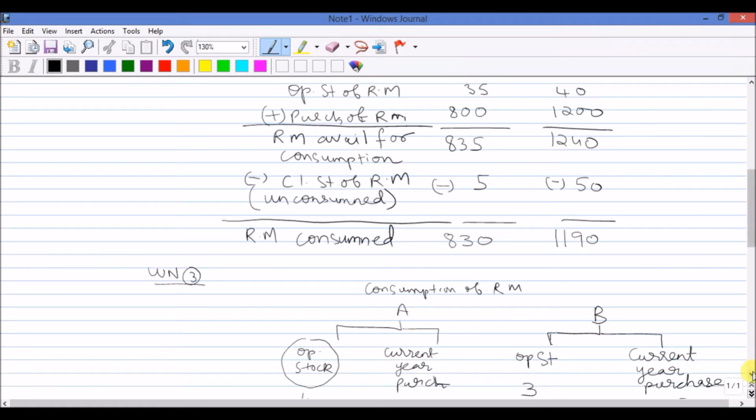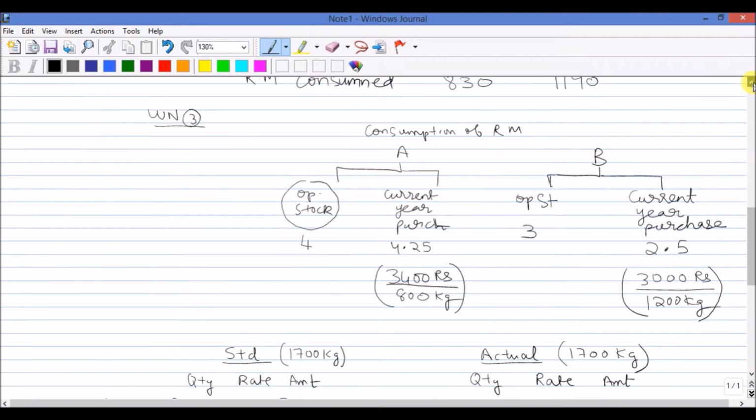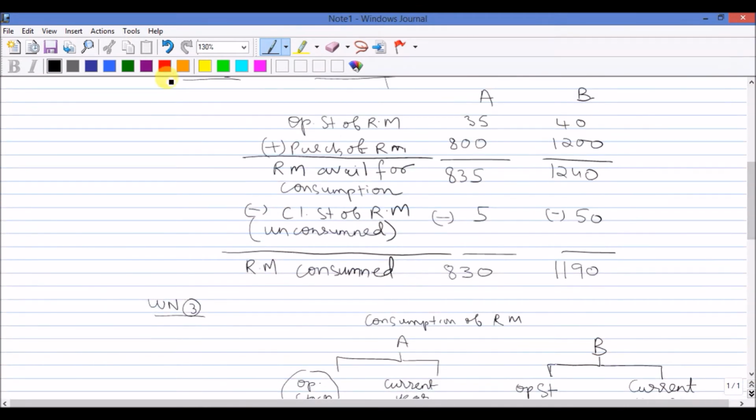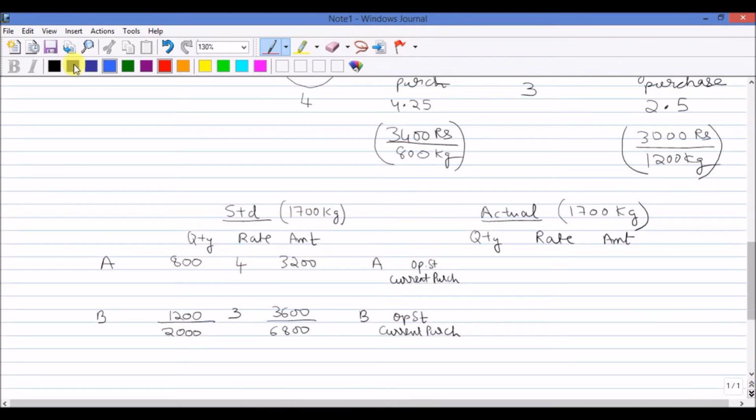Okay, opening stock we need to get. How much is the opening stock? Opening stock quantity I need. So we have the opening stock quantity 35 and 40. So I'm going to write 35 and 40, and then we have to get the current purchase. So we are aware of our consumption.